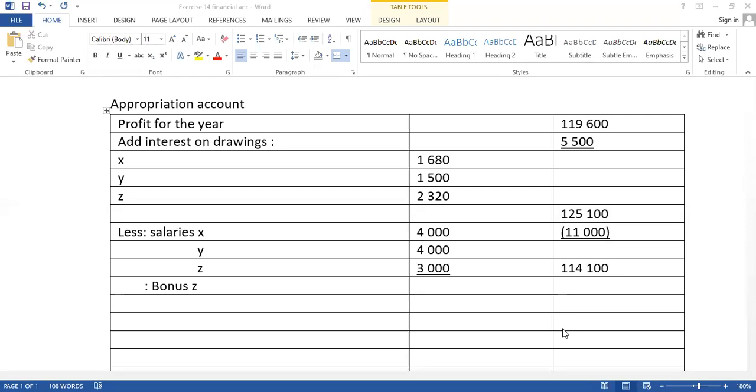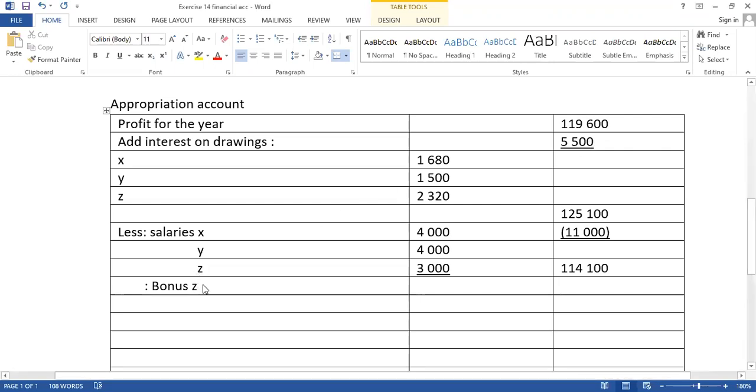Okay, just hold on quickly. Let me quickly recalculate this. 1,680 plus 1,500 plus 2,320, we get 11,500. Then you minus. Oh, sorry.